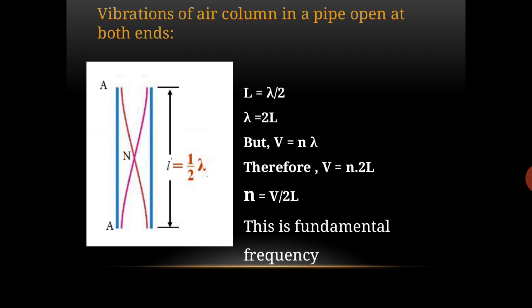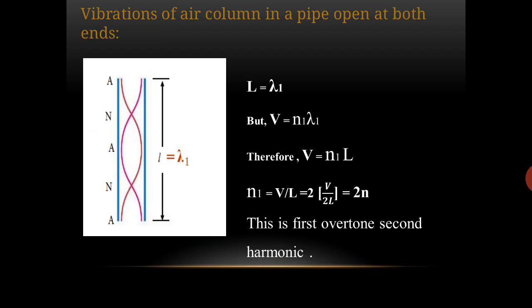Now in the second case, the air column in a pipe open at both ends has 2 nodes and 3 antinodes. So the length is equal to lambda 1, but we know V is equal to n1 lambda 1.